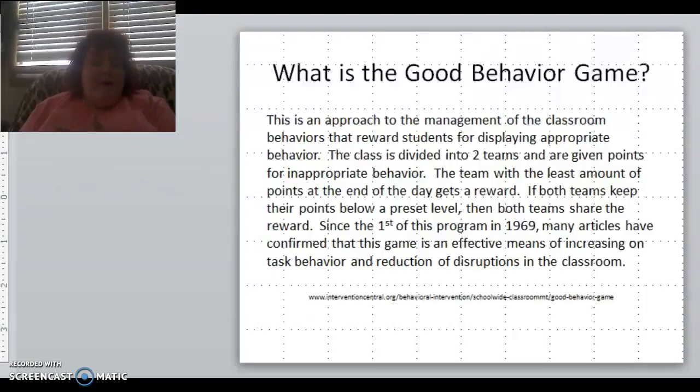The class is divided into 2 teams and are given points for inappropriate behavior. So if you have 2 teams and you can divide the class how you want, the boys against the girls, or this half of the classroom versus that half, or you can do the number system of 1, 2, 1, 2. The team with the least amount of points at the end of the day gets a reward.